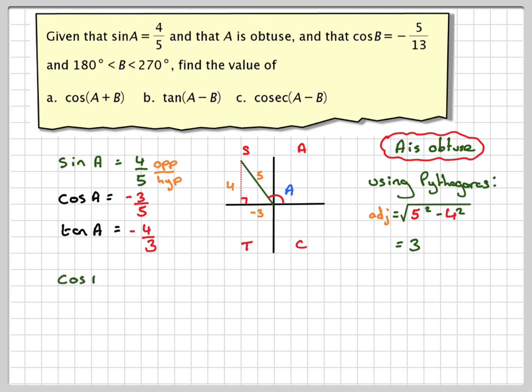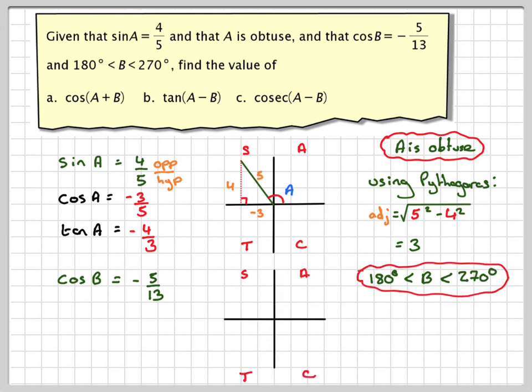We'll do a similar sort of thing for B. So cos B is minus 5/13. We're told it's in the third quadrant because it's between 180 and 270. So if we draw our CAST diagram and make our angle here, where this is angle B, we have the adjacent over the hypotenuse. So this length here will be minus 5, and the hypotenuse will be 13.